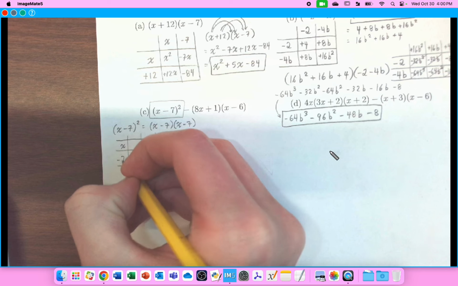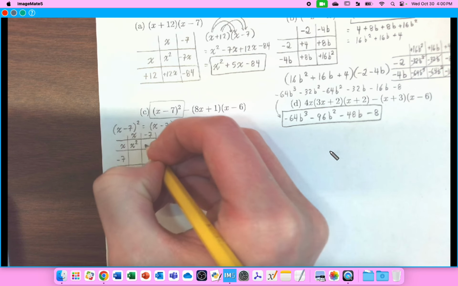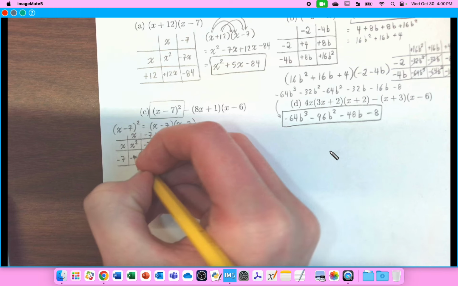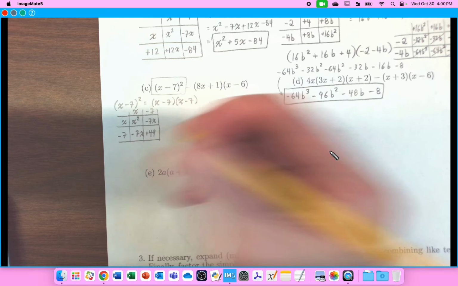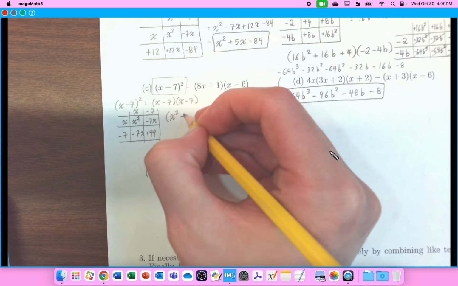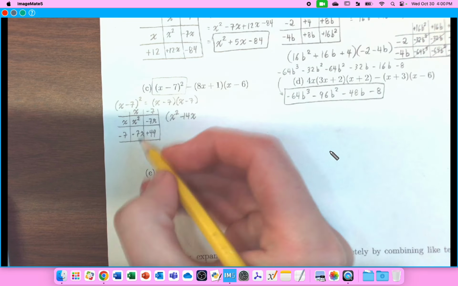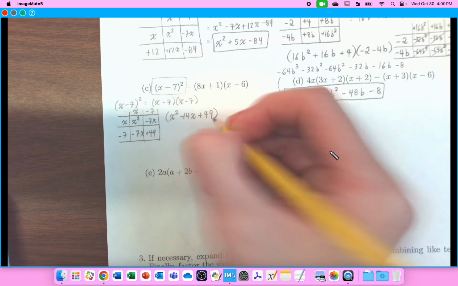X minus 7 times x minus 7. X squared minus 7x minus 7x plus 49. So that's going to be x squared minus 14x, because I combined like terms, plus 49.